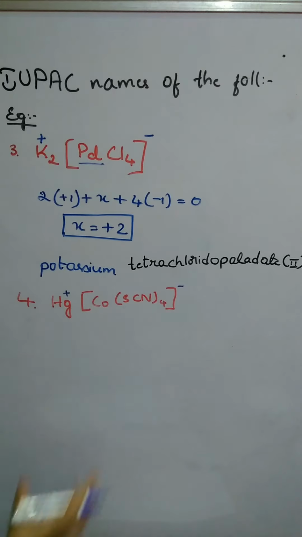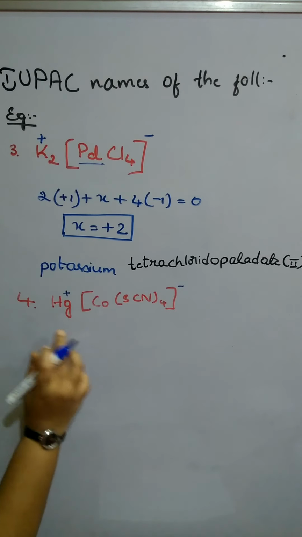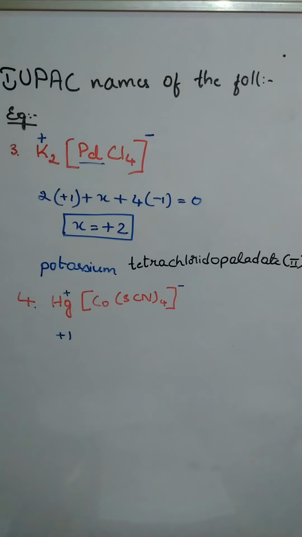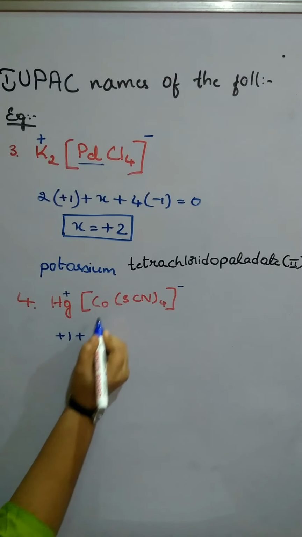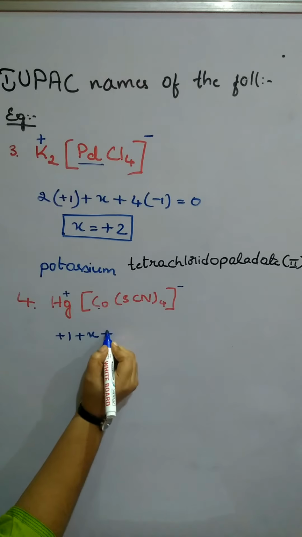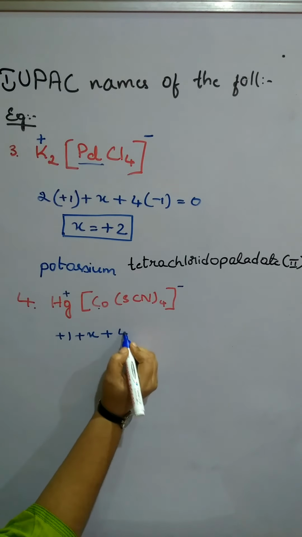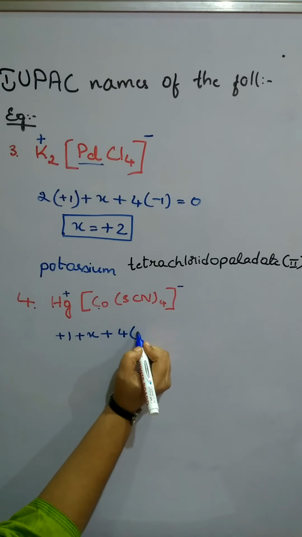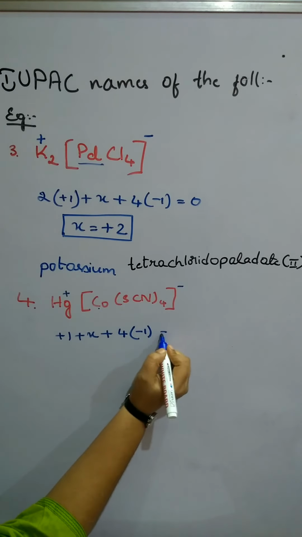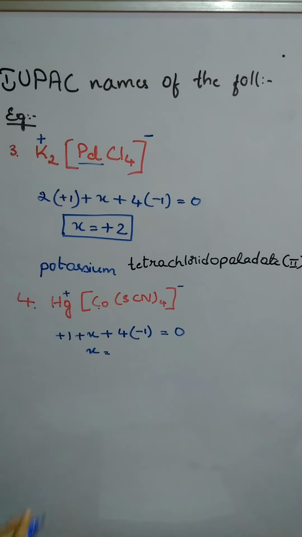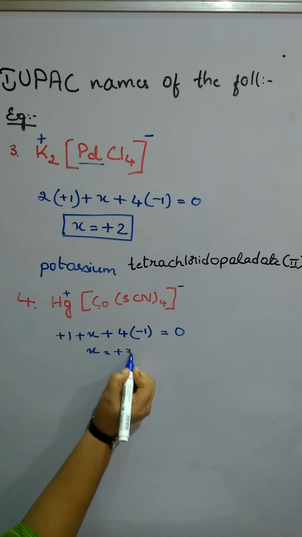The complex is an anionic complex. Oxidation state we will find out. Mercury is plus 1. Cobalt we need to find out, plus 4 SCN each with minus 1, equals 0. X is equal to minus 4 plus 1, minus 3, shift that to that side, then it becomes plus 3.